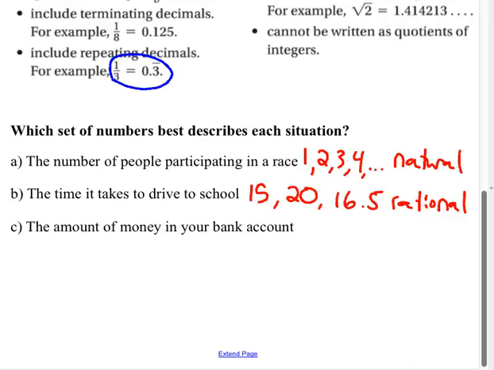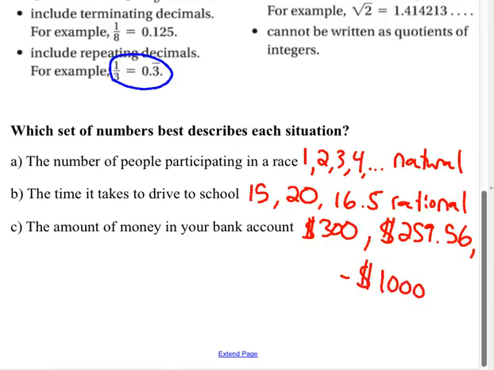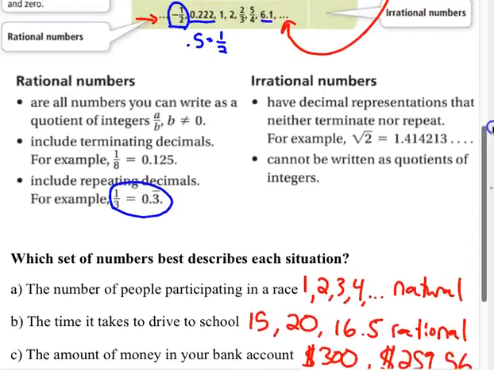What about the amount of money in your bank account? Well, you could have positive money. You could have decimal money. You could even have negative money. You could owe the bank money. Now that's not a fun scenario, but it's very possible. So what I'm looking for here is I need negatives and I need fractions, well, decimals.